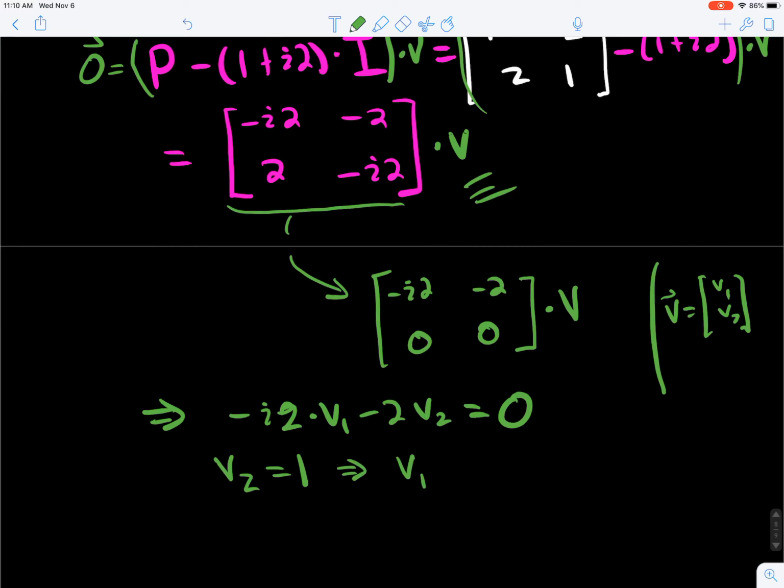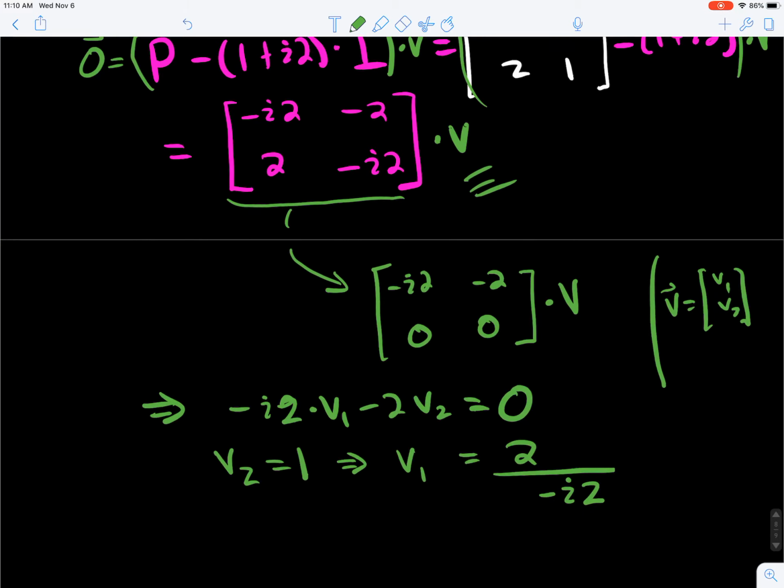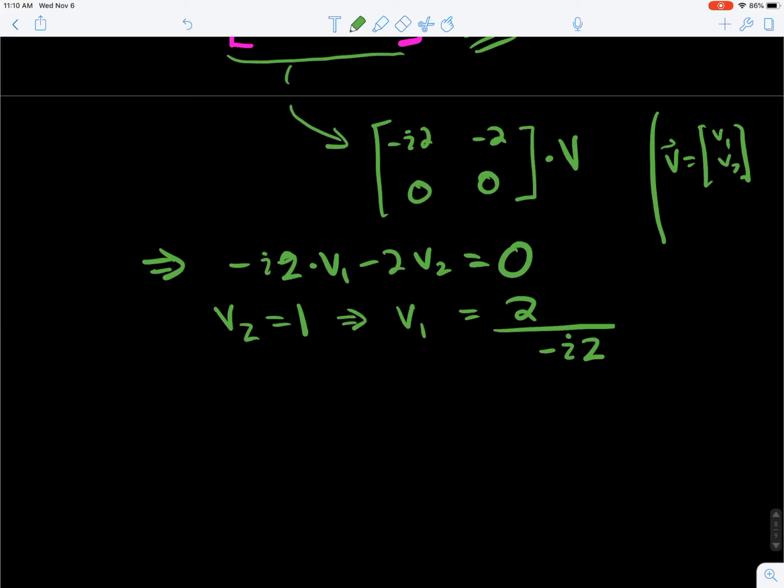This then tells you that v1 is going to be, so you then add the 2 over, and then you divide out by minus i2. Sometimes this is going to look ugly, and you want to rewrite this so that you have i at the top.